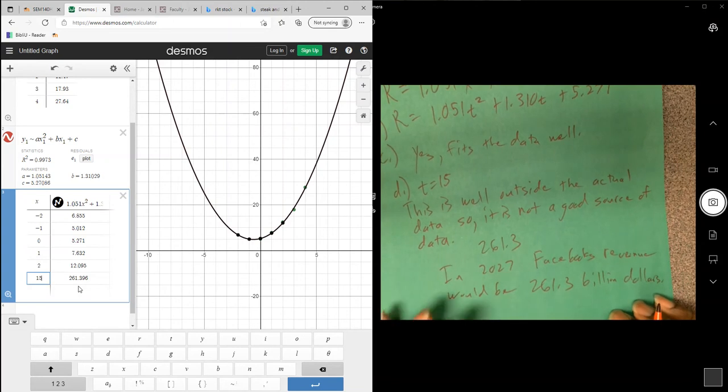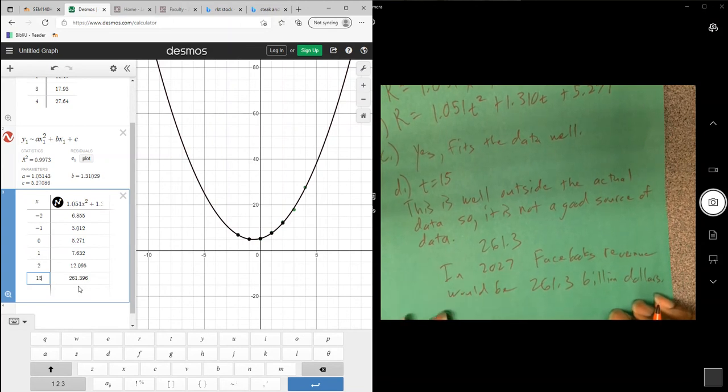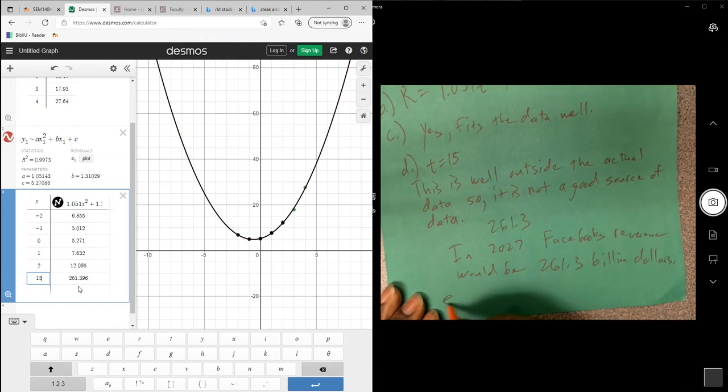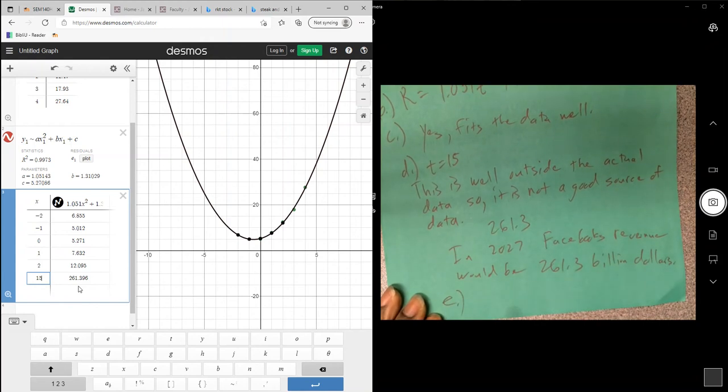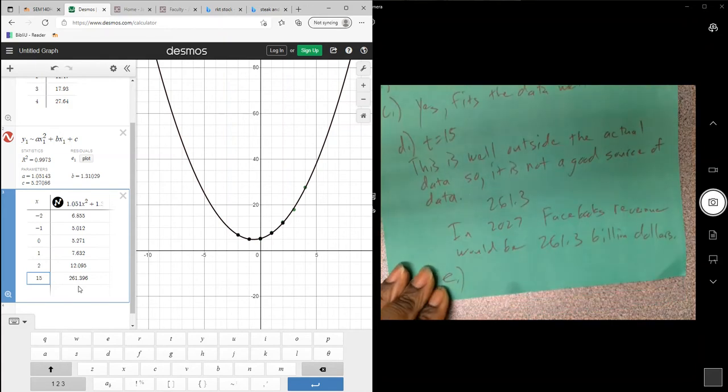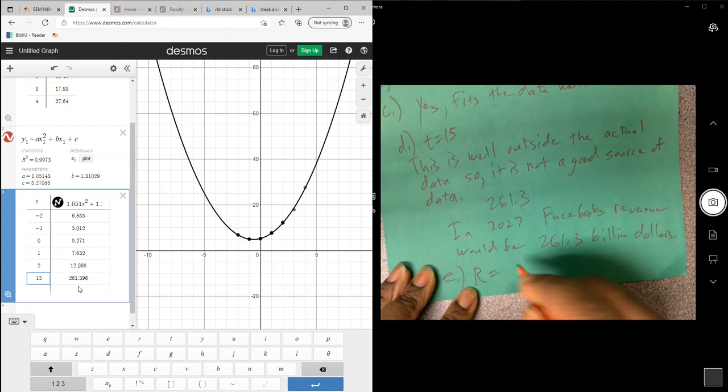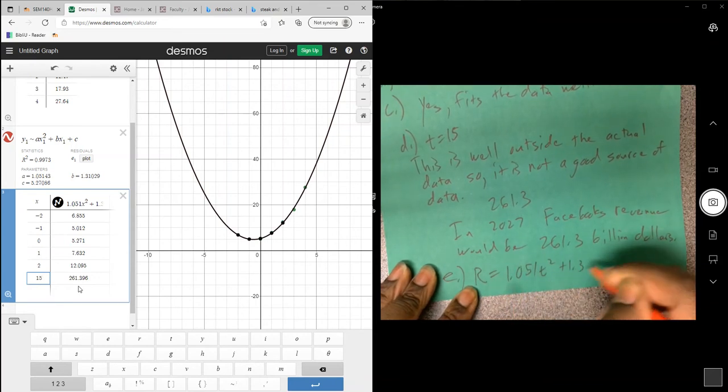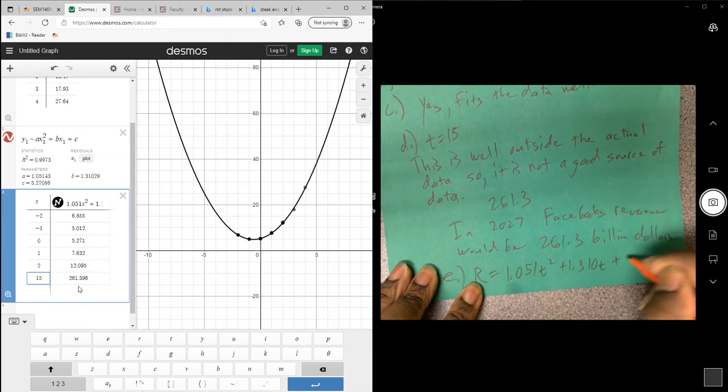Okay, so now we move on to E. Now E says, in what year does the model predict Facebook revenue will reach 100 billion? So we would have R is equal to 1.051 t squared plus 1.310 t plus 5.271.